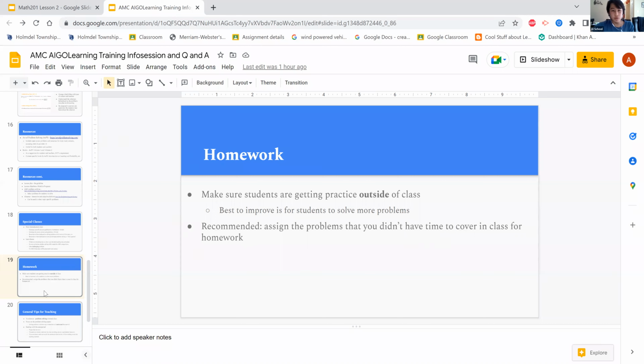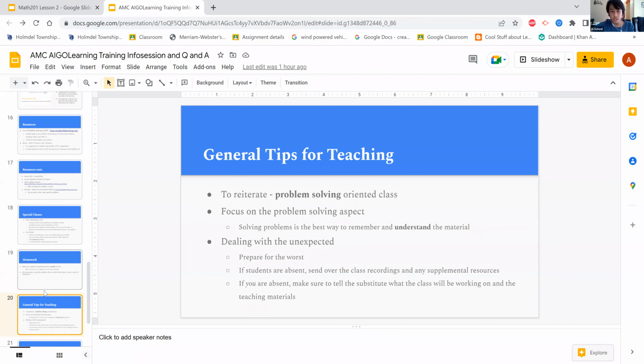All right, so some other general tips for teaching. To reiterate, it is a problem solving class. I've repeated that like 10 times, but yes, it's very important. Focus on the problem solving aspect. And in terms of dealing with the unexpected, prepare for the worst. There might be one or two students out of the whole class that don't understand the material at all.